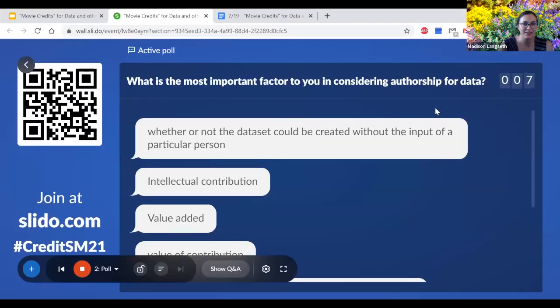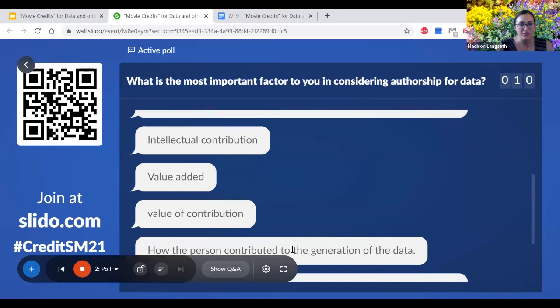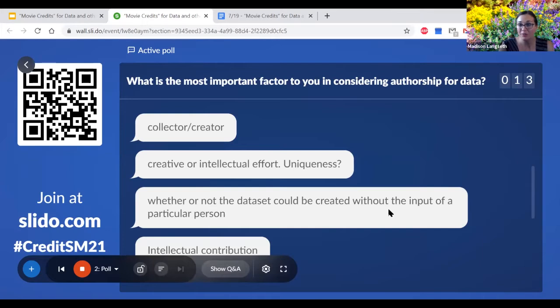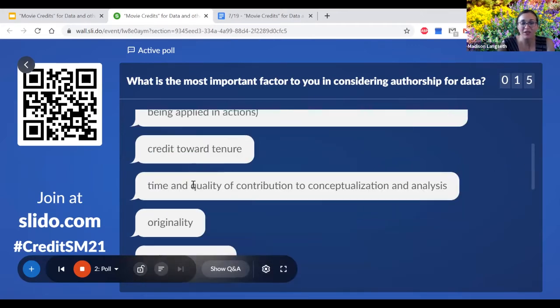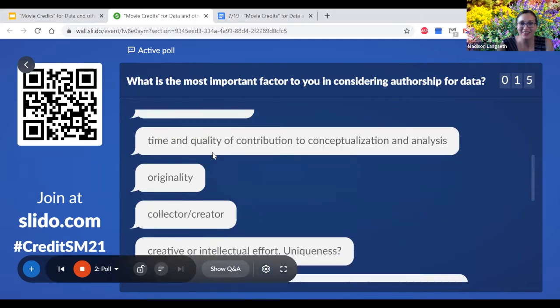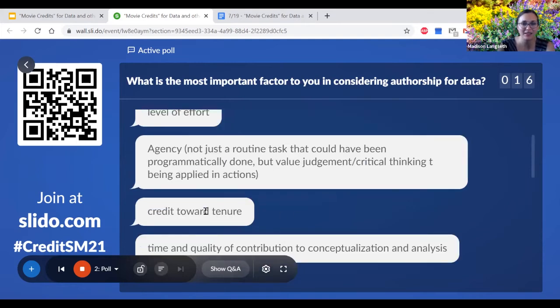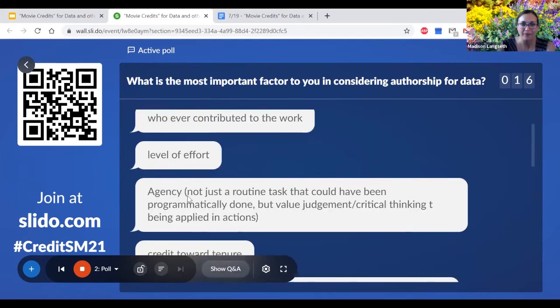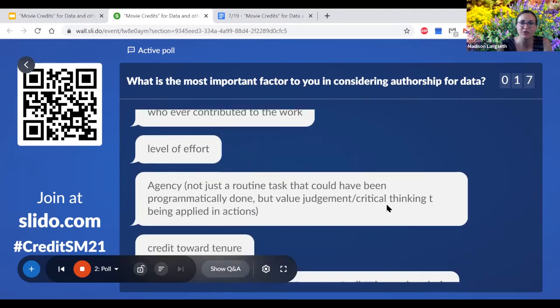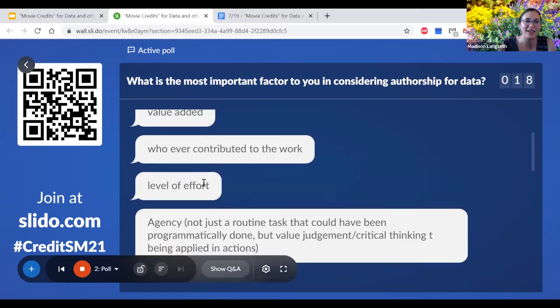All right, I'm starting to see some of them come through. So we have how the person contributed, the value of contribution, value added, whether or not the data set could have been created without the input of that particular person, creative or intellectual effort, uniqueness, whether they were the collector or the creator, originality, time and quality of contribution to conceptualization and analysis, credit towards tenure, agency, not just a routine task that could have been programmatically done, but value, judgment, and critical thinking being applied in actions.